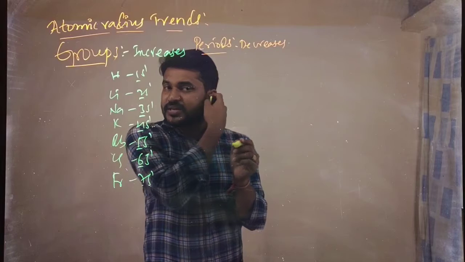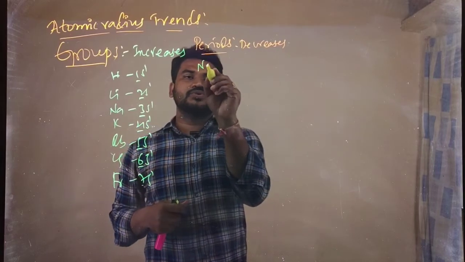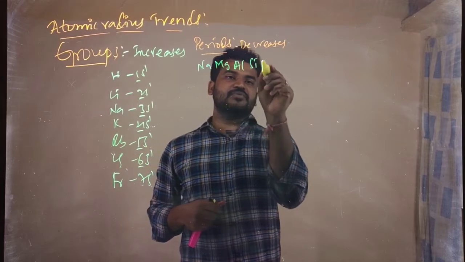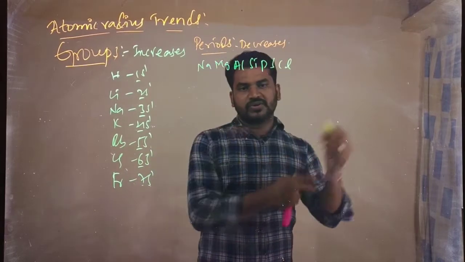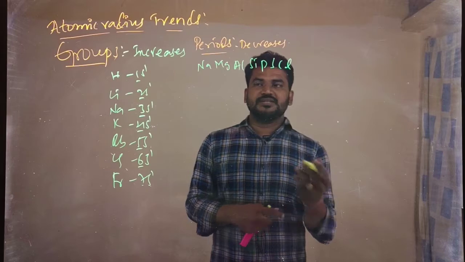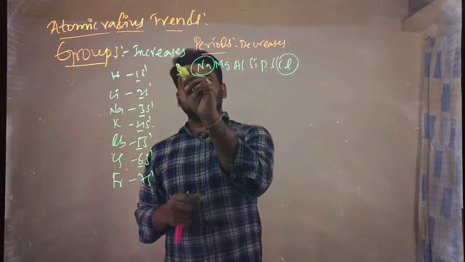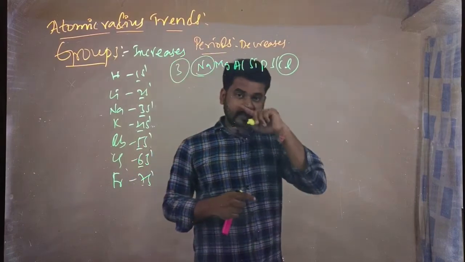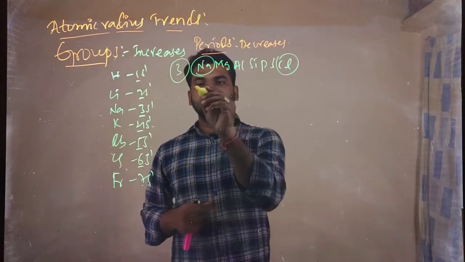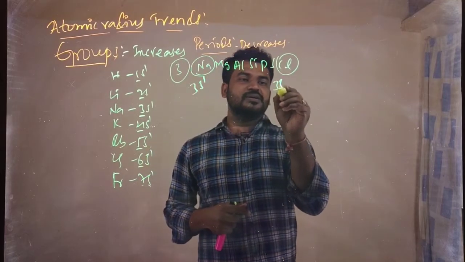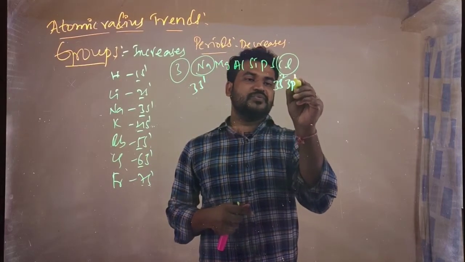Suppose you take the third period: sodium, magnesium, aluminium, silicon, phosphorus, sulfur, chlorine. We will not take the noble gases. So I am taking sodium and chlorine here, which belong to the third period. You see the configuration: here it is 3s1, and here it is 3s2 3p5.